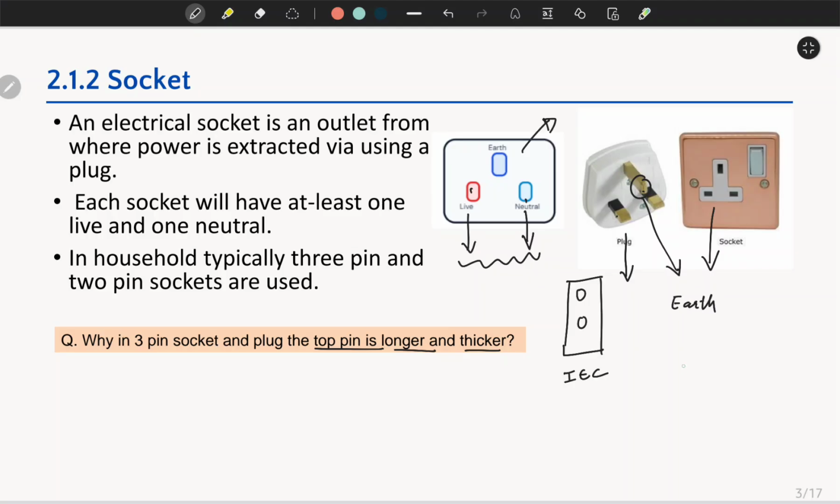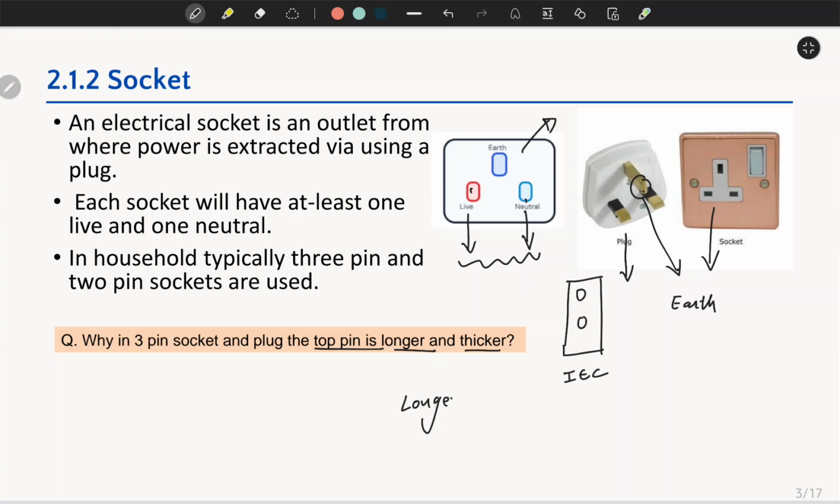So what happens is, for every appliance to be connected to the live part to extract the power, from a safety point of view it is required that its earth terminal is connected first. This is why it is longer.